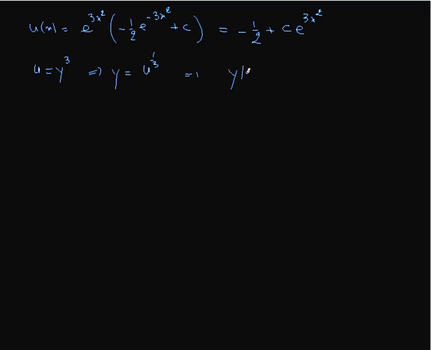So we obtain this final answer: y(x) is (c exponential of 3x squared minus half) to the power of 1 over 3. This is the explicit solution of this Bernoulli equation.